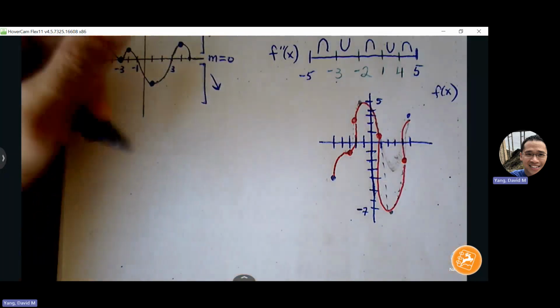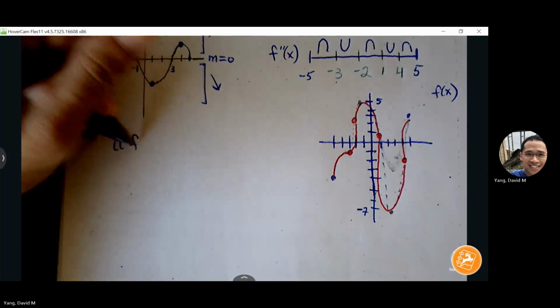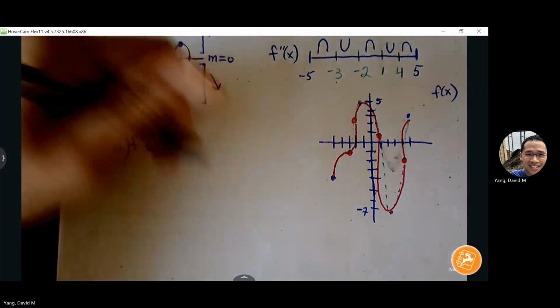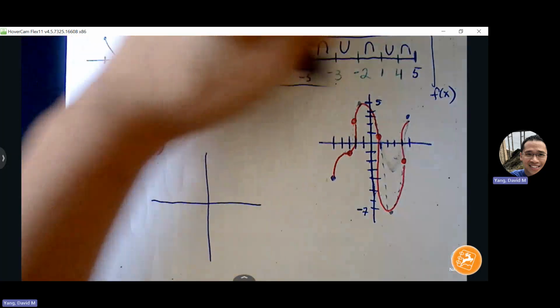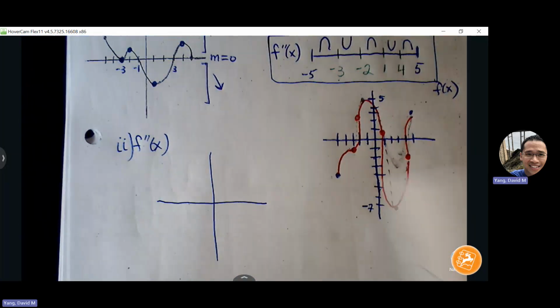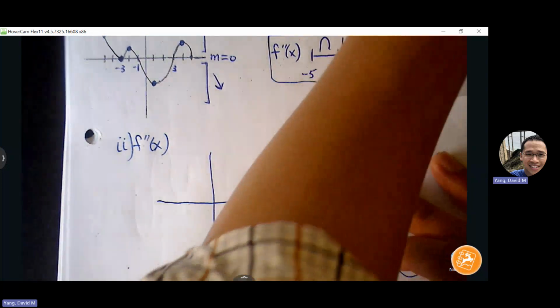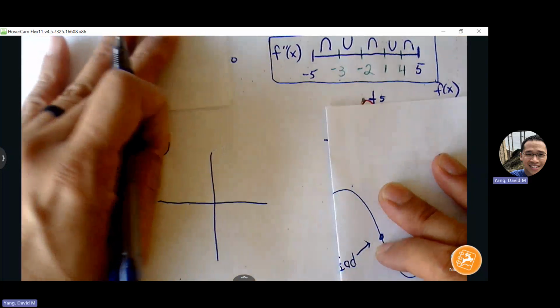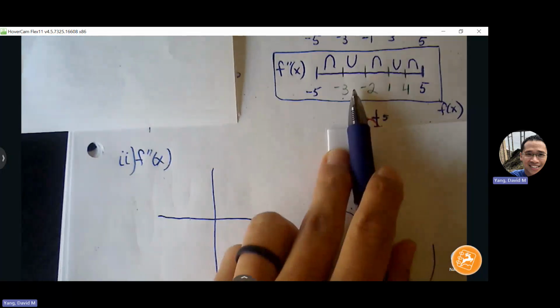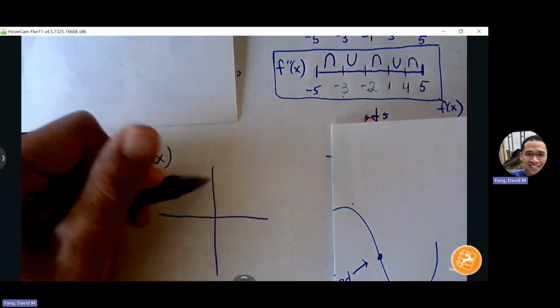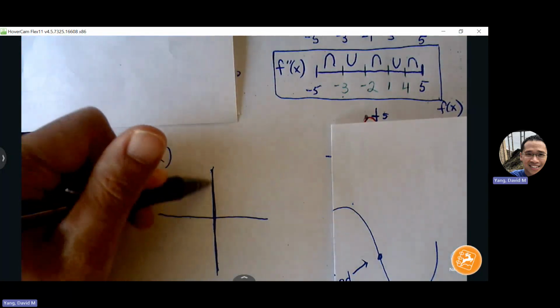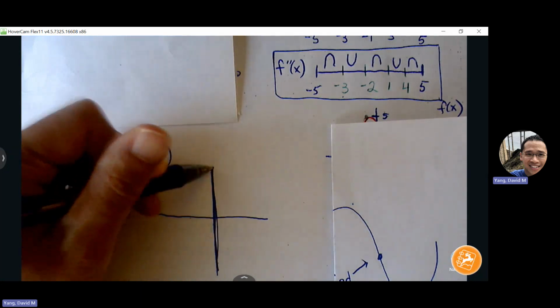Next up, let's sketch our f double prime graph. So for the f double prime graph, we're only going to rely on our f double prime sign line. So in fact, I'm going to cover up both of my graphs because I don't want to be looking at them to sketch my graph, which is the only thing I'm using here. Okay, let's label what we are dealing with here. Because our y-axis no longer represents position, it doesn't represent slope, it represents concavity.